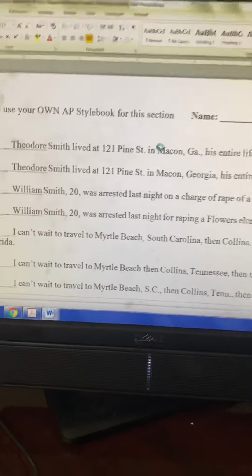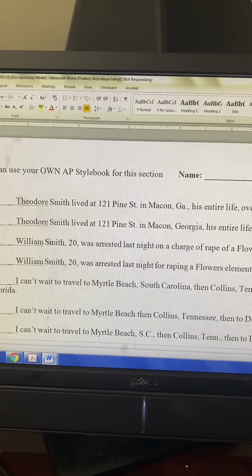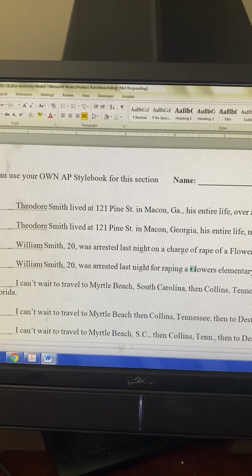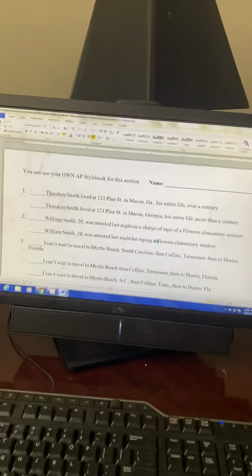Okay, so if we go back up here and look at our little handout again, the next one is William Smith was arrested last night on a charge of rape, or was arrested last night for raping. Now this gets a little trickier because you think, well, where should I look that up?